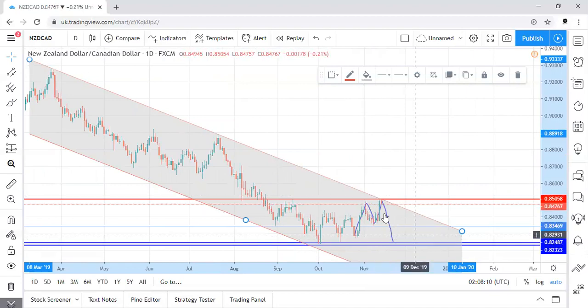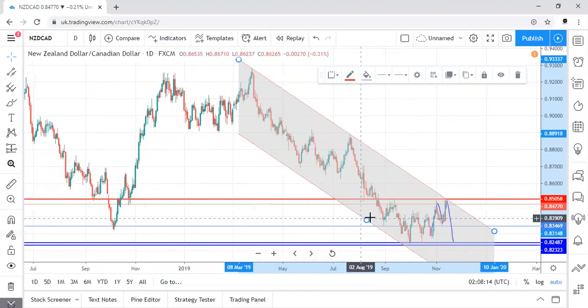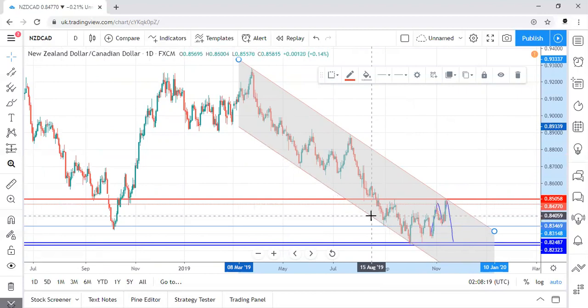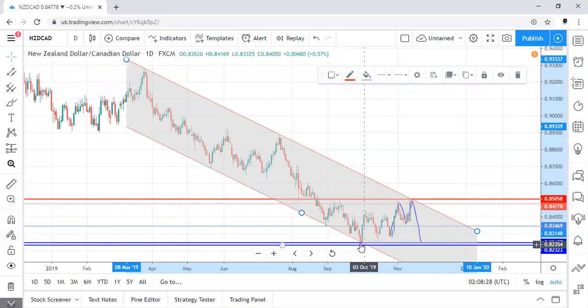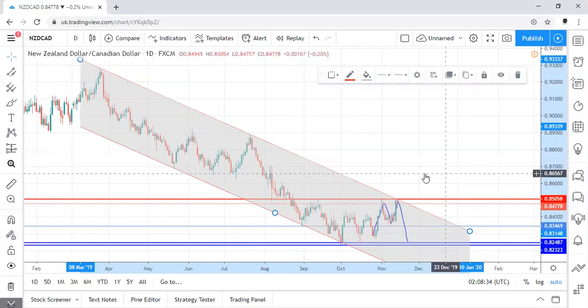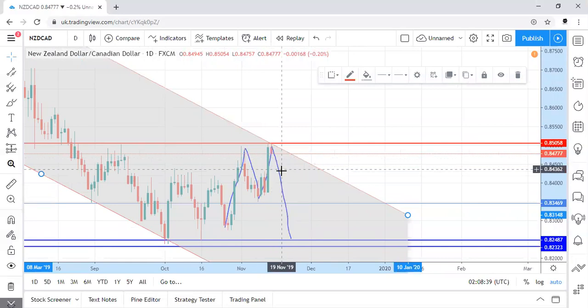But for now, let's adjust this one here so that it also touches the lowest price point here. Also, what I'm learning here is that we've got three touches. So what we can expect now is the New Zealand CAD to drop further downside.